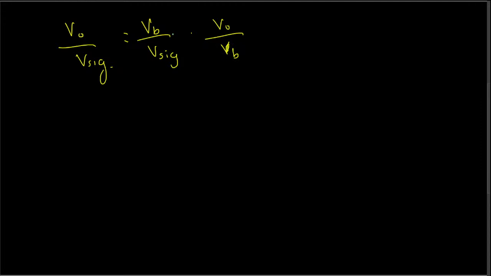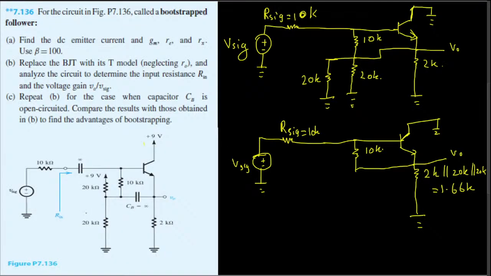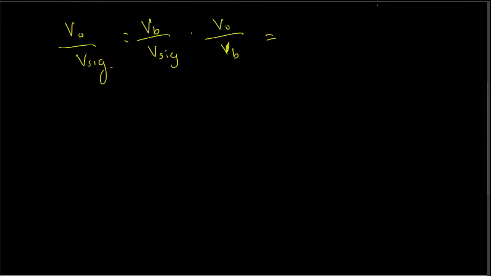Here what we did is we multiply top and bottom by Vb. You can do that since both of them cancel, and by doing that you get a voltage divider. Voltage divider is nothing but this R_in over R_sig plus R_in. And the other part remains the same, Vo over Vb.